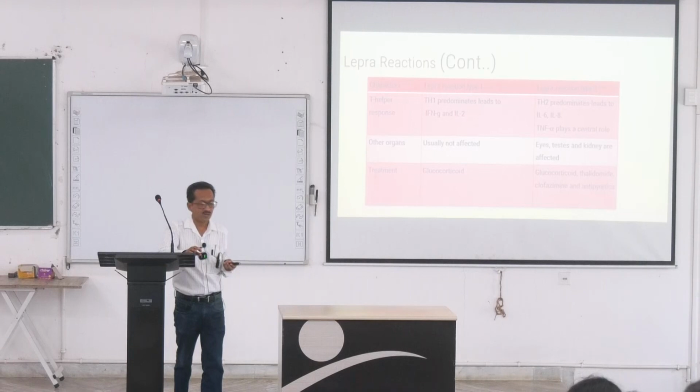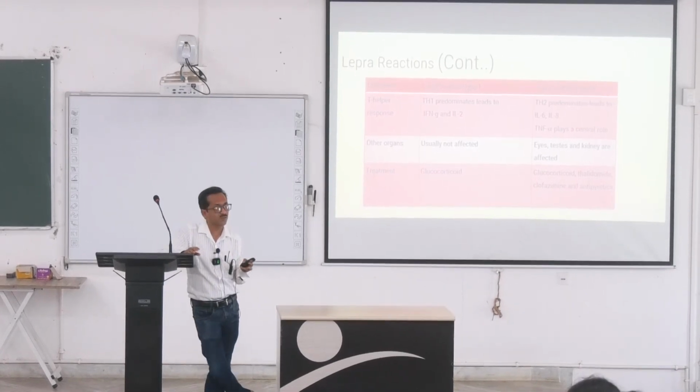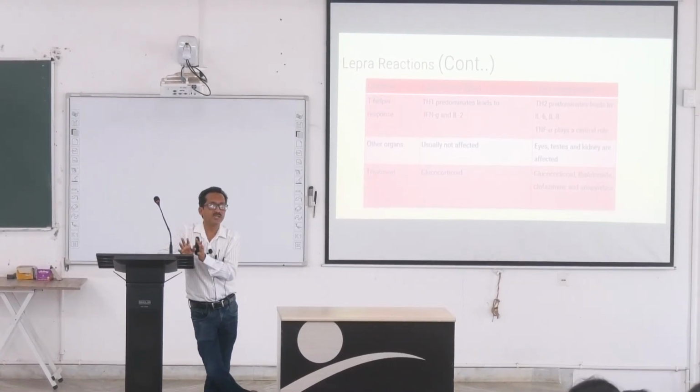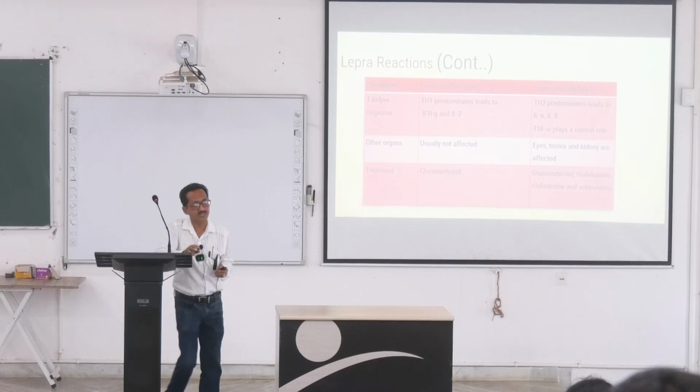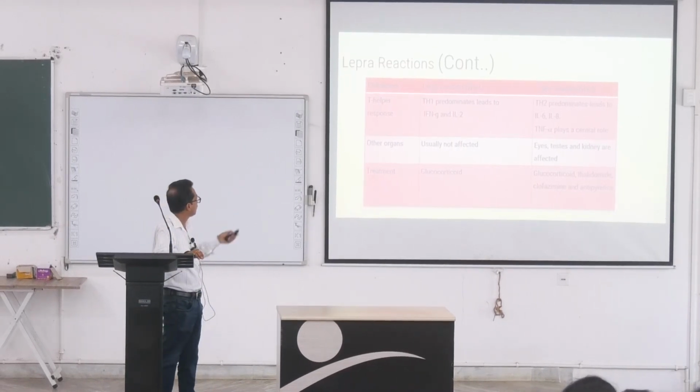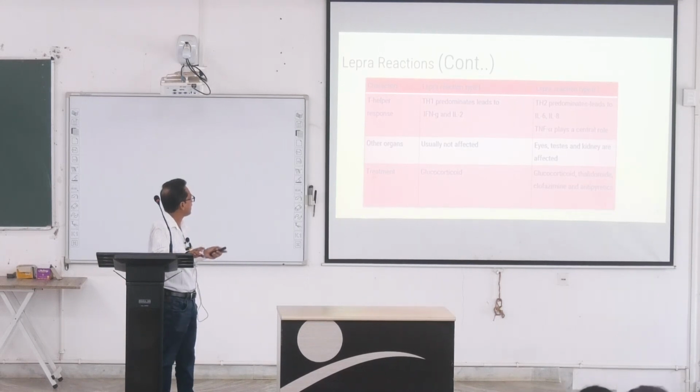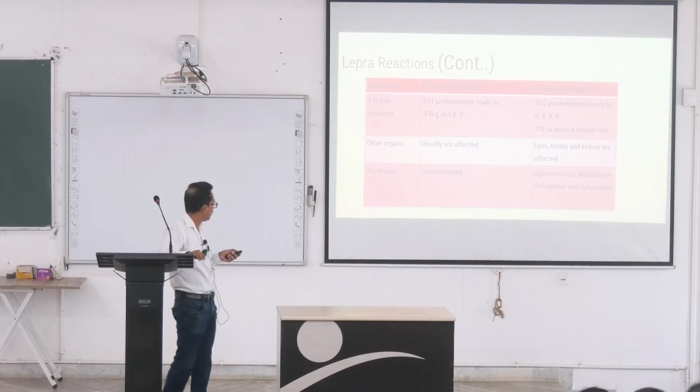If you go to the pathogenesis of any fever, there will be a rise in these 3 interleukins. So here in lepra type 1 reaction, that is an inflammatory reaction, there is interferon gamma and an increase in interleukin 2.